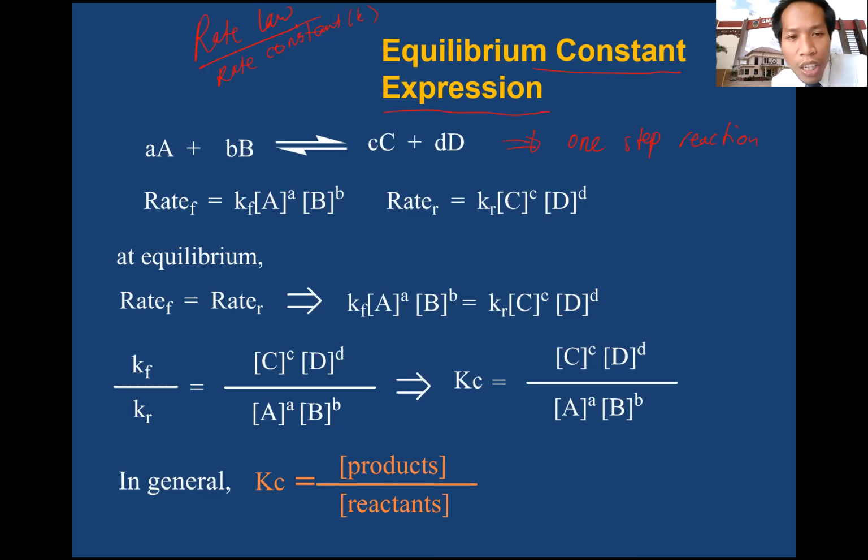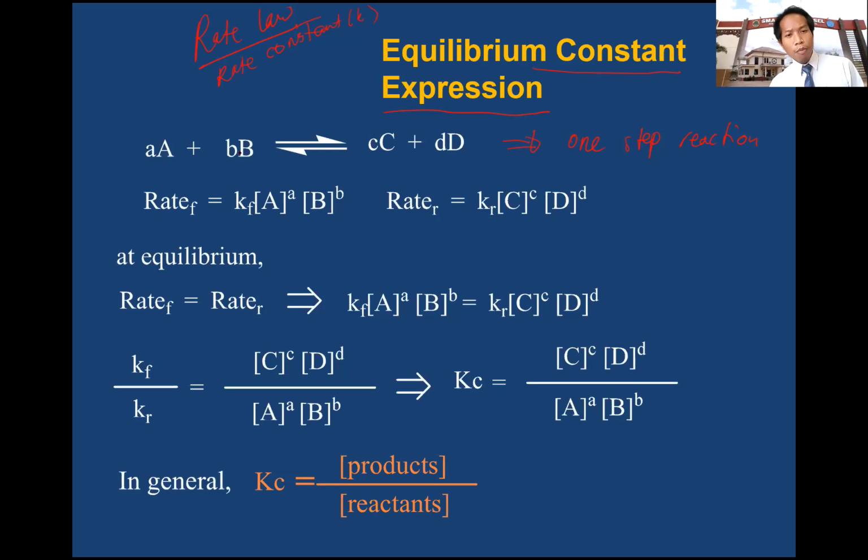And we learned from the rate law and rate constant that when it is a one-step reaction, the order will be the coefficient. So we take the order of the rate from the coefficient.